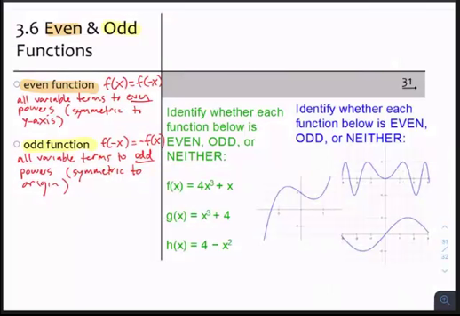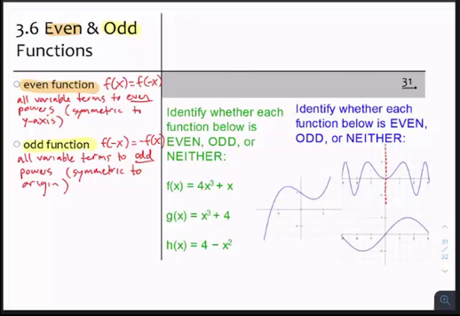Let's take a look at some of the ways that you're going to do this. First let's look at the graphs, because looking at the graphs is the easiest way to determine if something's even or odd. If you imagine a vertical line right down the y-axis, if you fold the graph and it maps directly onto itself, it's an even function. So does this graph fold directly onto itself when I draw that vertical line down the origin?